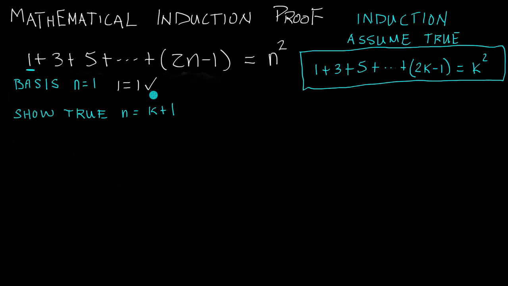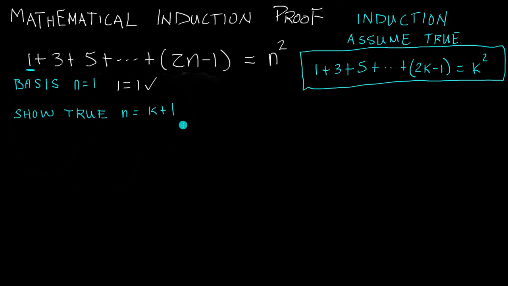So if you think about this, we proved that it was valid for the n equals 1 case, the most simple case, and then we're just saying we can go up to any number we want. We could have just gone up to number 1, and if we prove that it's true for k plus 1, then we've proved it for the n equals 2 case. Then n equals 2 could be our k over here, which means that if we can show it's true for n equals k plus 1, then we've proved the n equals 3 case, and so on and so forth.